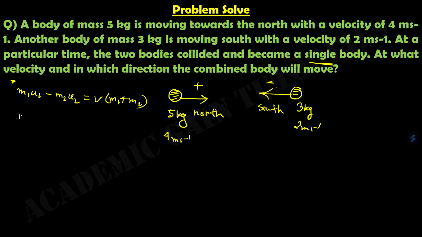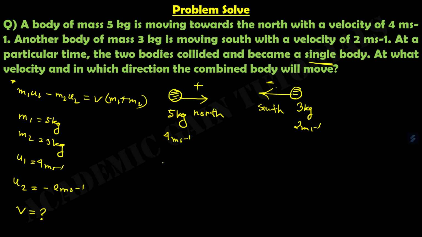Here m1 equals 5 kg, m2 equals 3 kg, u1 equals 4 meter per second, u2 equals, as this is positive, that will automatically be negative, so this equals 2 meter per second. We have to find the velocity and the direction of this combined body.